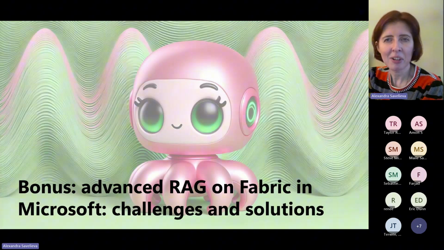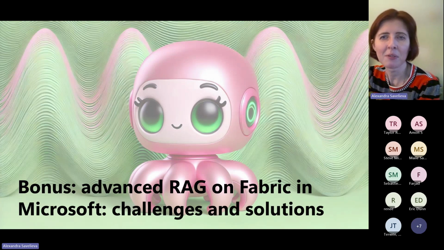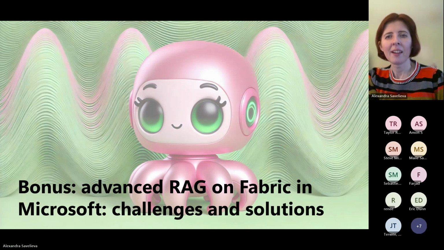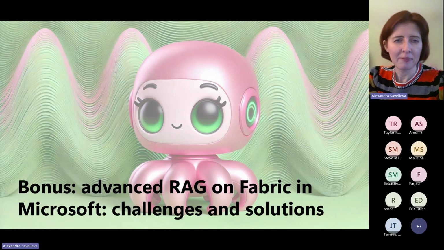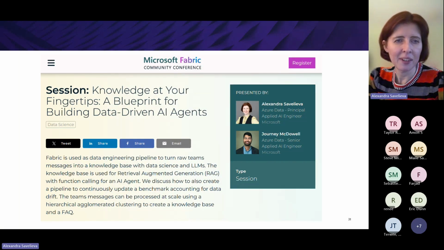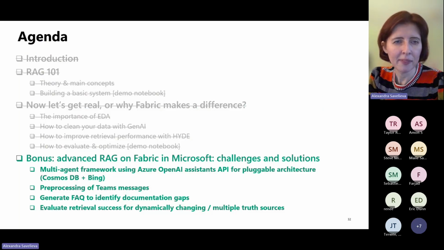So yeah, like I mentioned, third part is a sneak peek of what you might learn at FabCon if you go to our talk: knowledge at your fingertips, a blueprint for building data-driven AI agents. So here is the agenda. First, we'll talk about multi-agent framework using Azure OpenAI Assistance API for pluggable architecture with Cosmos DB and Bing for RAG.